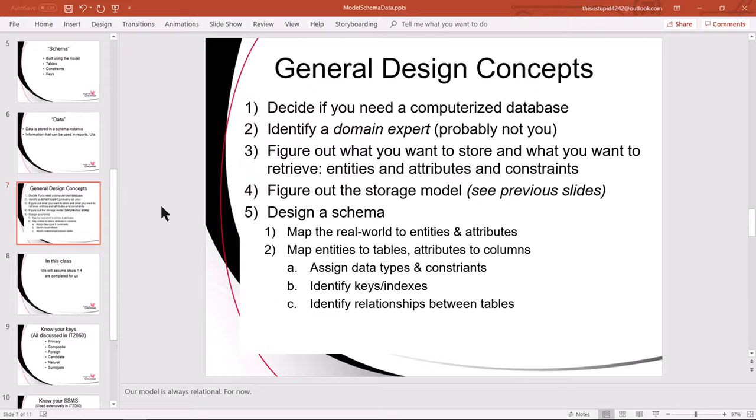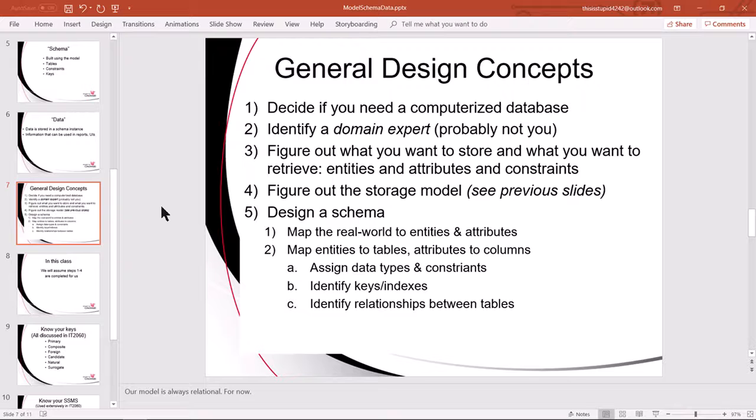Now let's step back to the previous slide and stop and think for a moment. We could easily spend months and months and hundreds of hours on step 3. What do we want to store? What do we want to retrieve? What are the relationships between the entities? What are the maximum and minimum values for the attributes?